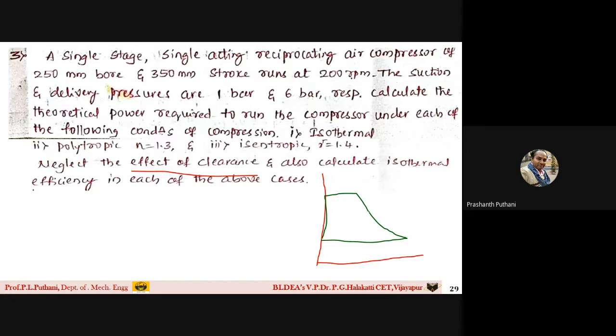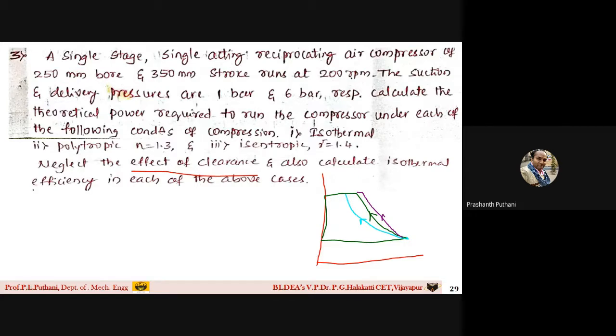In this, one curve is polytropic, one curve is isothermal, and another curve is isentropic, that is adiabatic. So for all these 3 curves, you need to find out the power input.